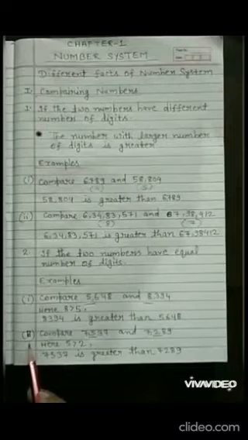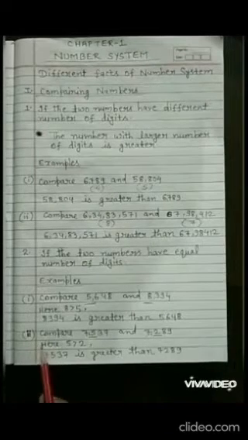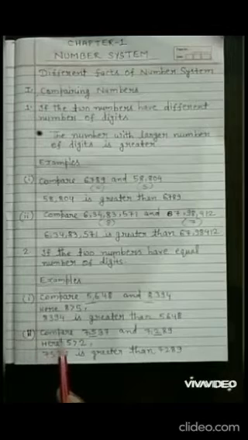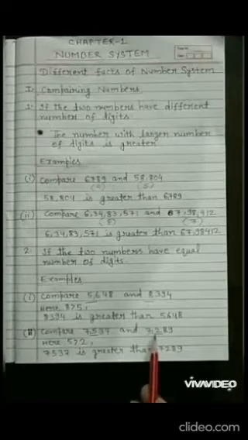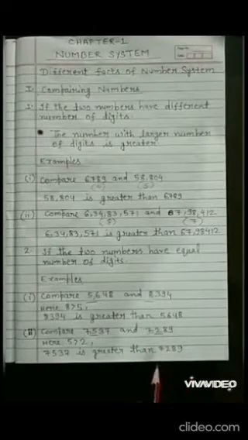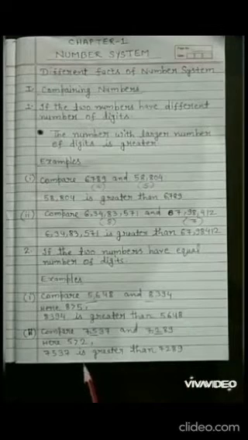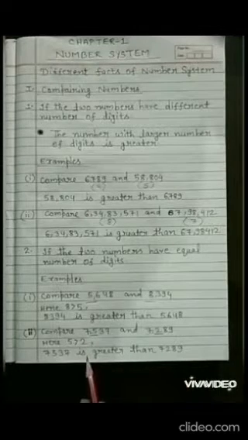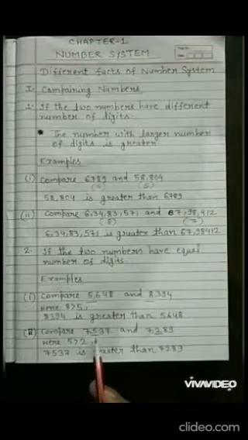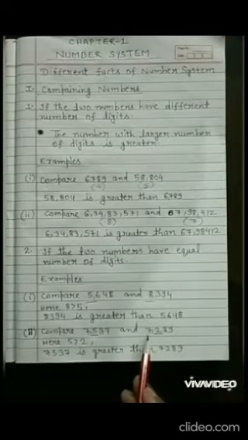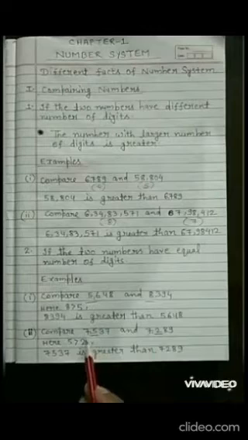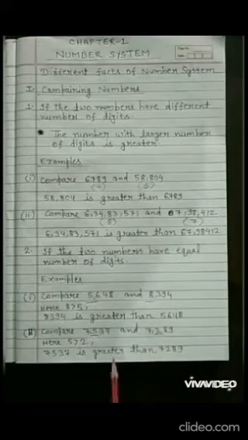Now the second example I have given here. The second example is compare 7,537 and 7,289. What we are going to do is follow the same process. First we compare the leftmost digit of both the numbers. Here the leftmost digit is 7 and here the leftmost digit is 7. So both the digits are same, so now we cannot compare these two numbers.